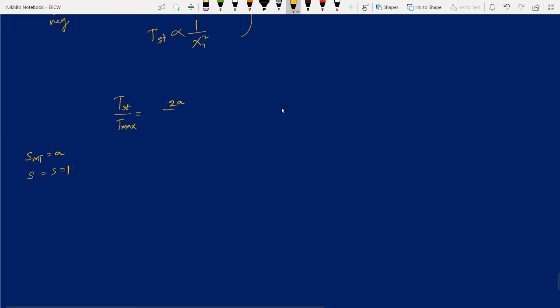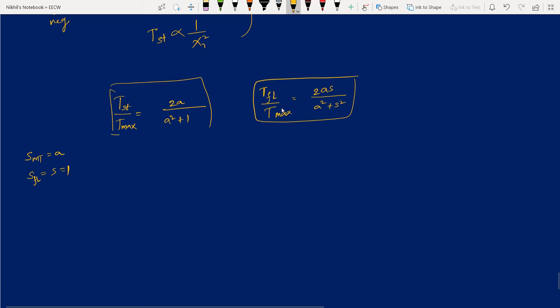Then this ratio will be equal to 2A by A square plus 1. If I want to take the ratio of T FL by T max, this will be equal to 2AS by A square plus S square, where S is nothing but the slip at full load, or I can say at any load. Basically, slip at full load specifies nothing but slip at any load.